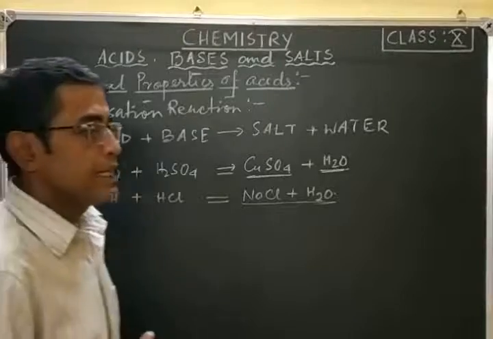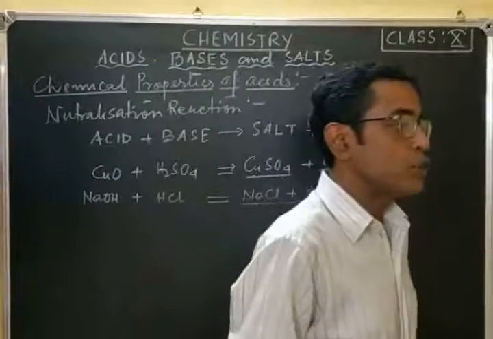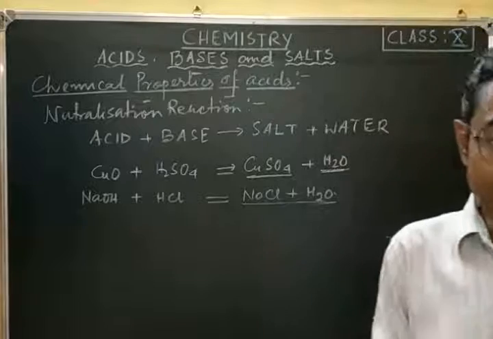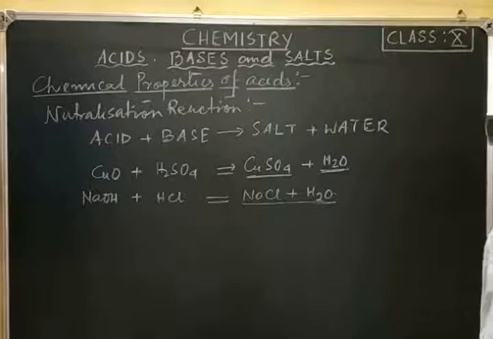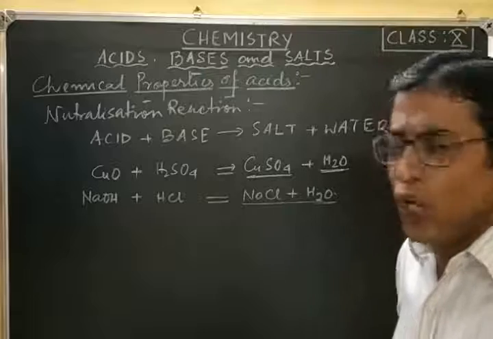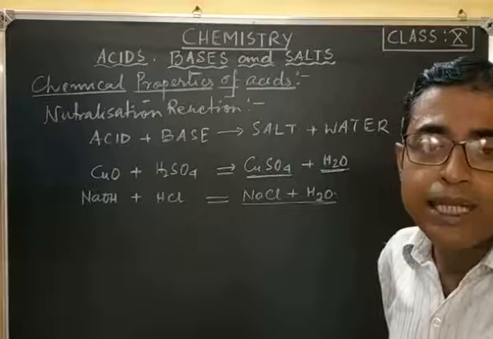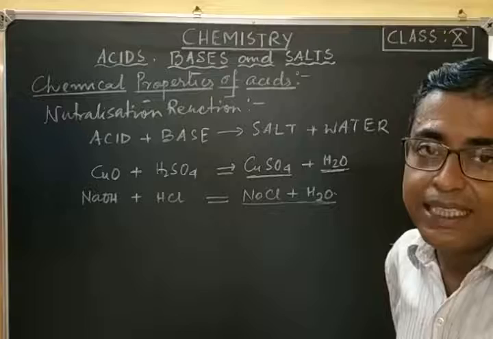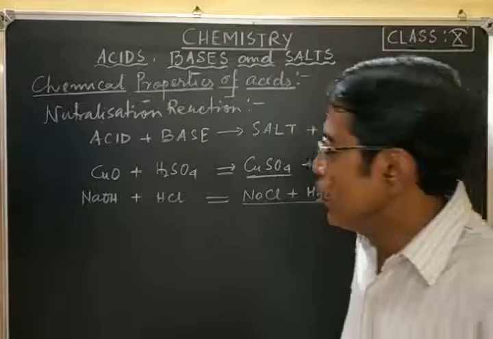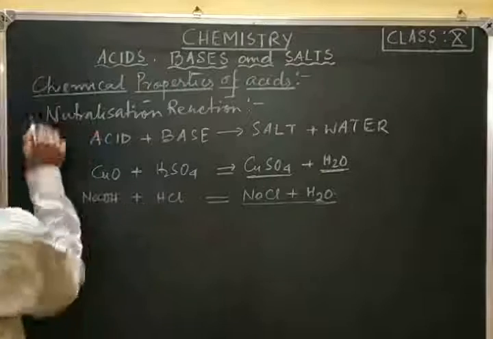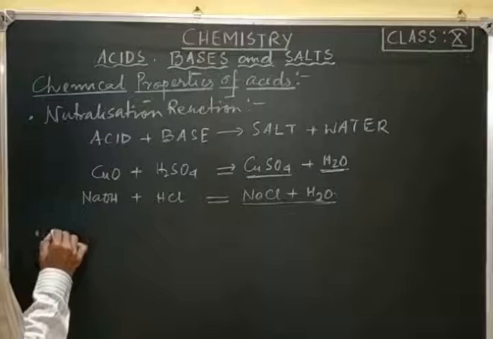Now acids have a very important reaction with active metals, because we all know the metals which are placed above hydrogen in the activity series can replace hydrogen from the acids. So next is reactions with active metals.